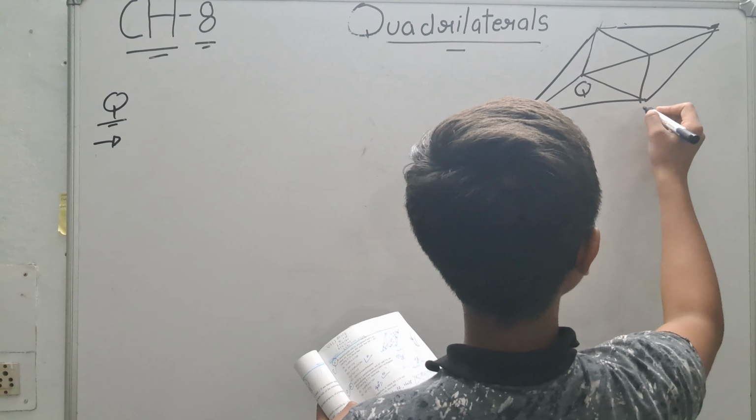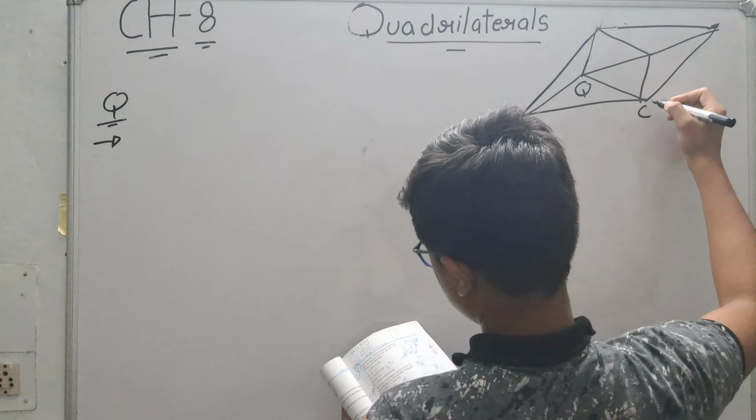B, Q, C, A, P, D, and let's name the angles 2, 3, 1, 4, with C D and A B. We have to prove triangle APD is congruent to triangle CQB. Students, it is APD, not APQ.